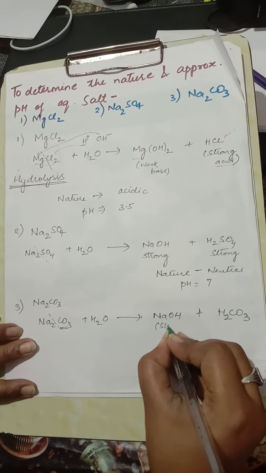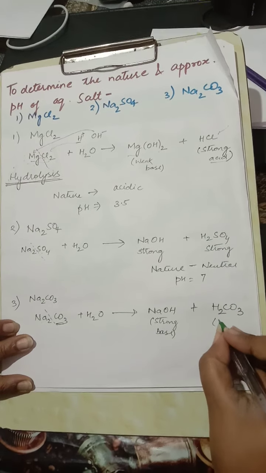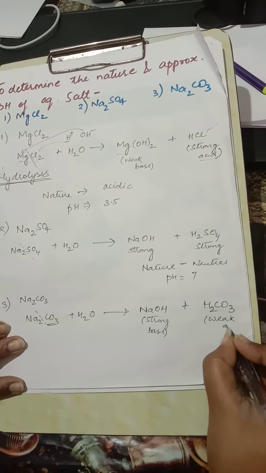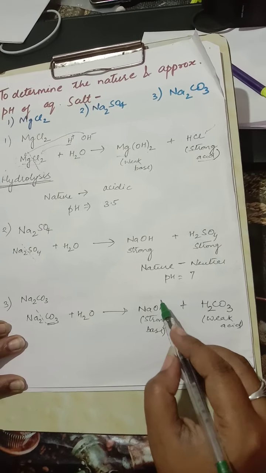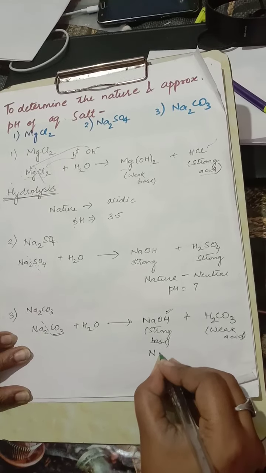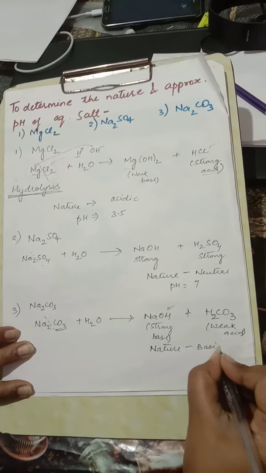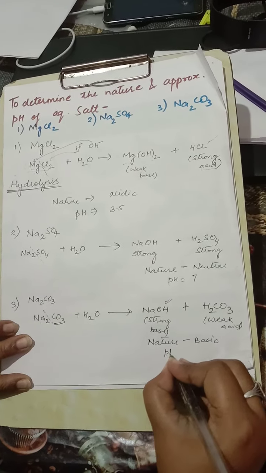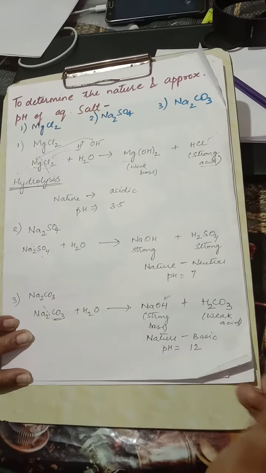NaOH is strong base. Carbonic acid is weak acid. So nature will be basic, and the pH value of this aqueous solution will be more than 7, or it is 12 approx.